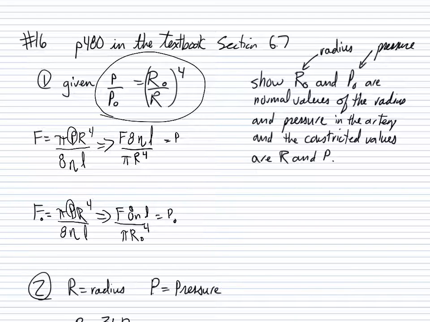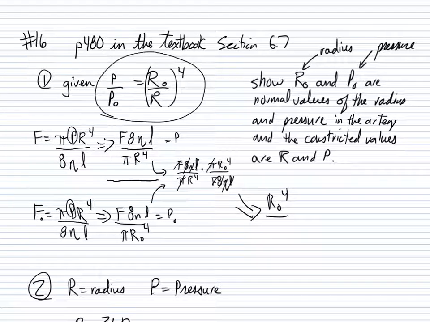So let's rearrange once again. I acted like there was a big division sign here and put both equations together. What you can see is you can cross out most of the stuff, cross out your pi's as well, and then you end up with R0 to the power of 4 over R to the power of 4 equals P over P0.